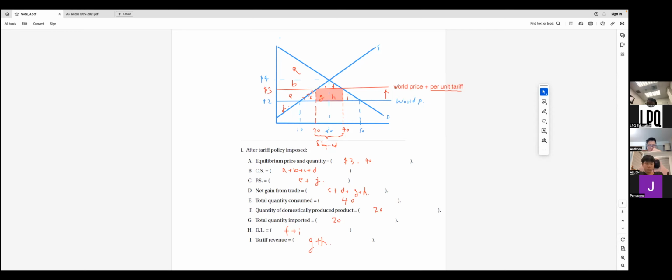Because F and I, due to the per unit tariff, have gone. They just disappeared, we lost them. Nobody can receive F and I. So the net surplus compared with the closed economy only increased by CDGH.